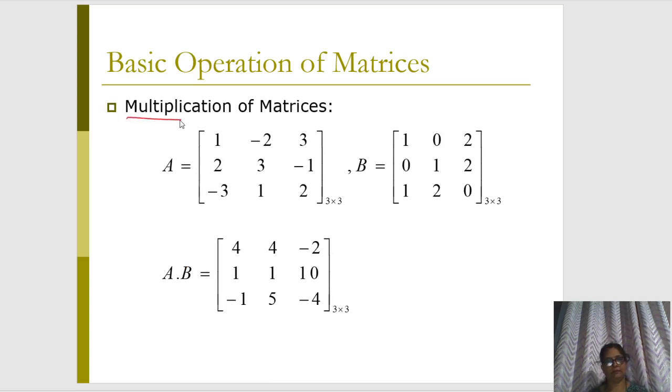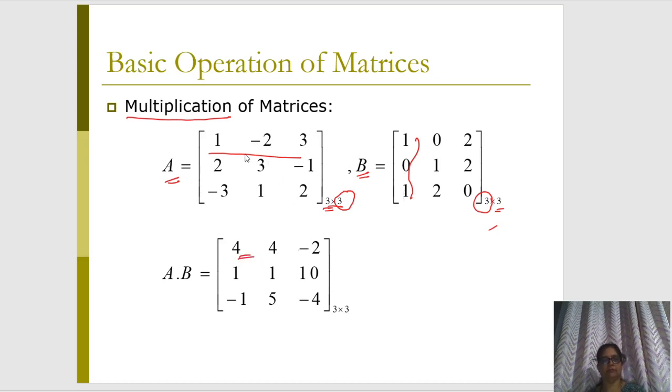Multiplication of matrices. We consider 3 by 3 matrices A and B. Here the condition is that the columns of the first matrix equal the rows of the second, then only we can multiply these two matrices, and we get a matrix of order 3 by 3, which is the multiplication of A into B. Now this first row multiplied by this first column, that means 1 into 1 plus minus 2 into 0, its value 0, plus 3 into 1, that means 3, therefore we get the first value 4.